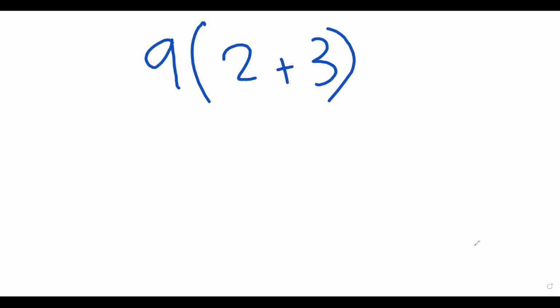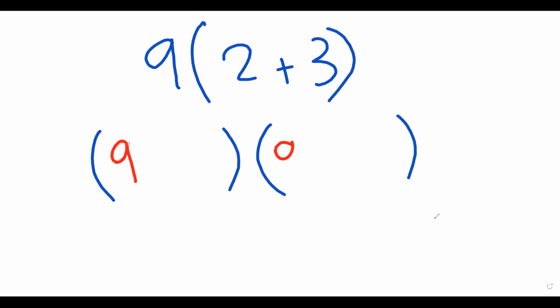If you have, let's take another example, 9 times 2 plus 3. The first step, open 2 brackets. Then repeat number 9 two times. Then rewrite number 2 here and number 3 here.